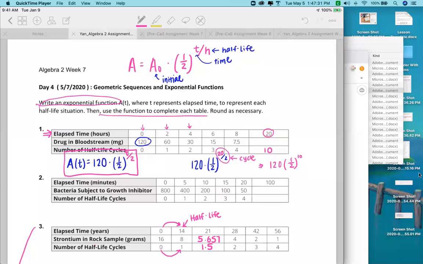It should be a decimal answer. Okay, I'm getting quite a lot of answers.